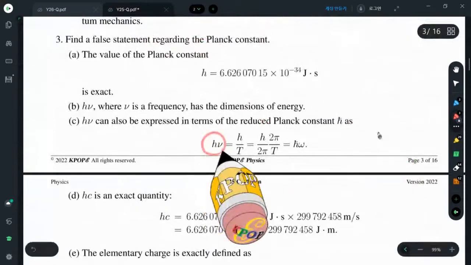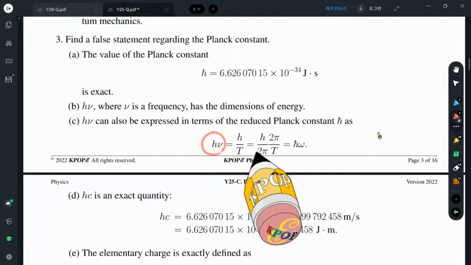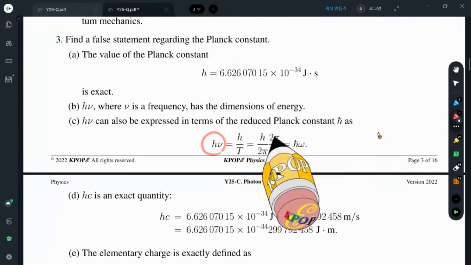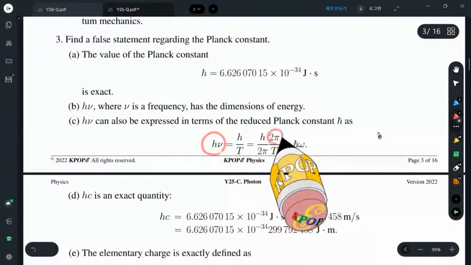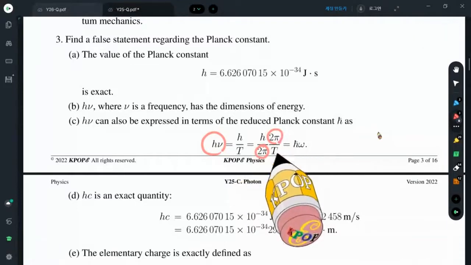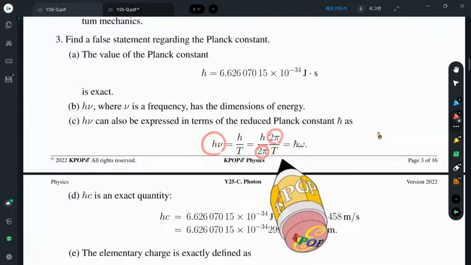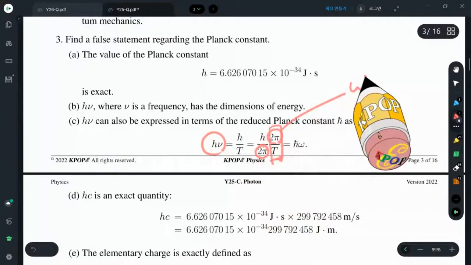This h nu can also be expressed in a more familiar, wave-friendly expression, including 2 pi. So multiply by 2 pi and divide by period, it is an angular frequency omega.